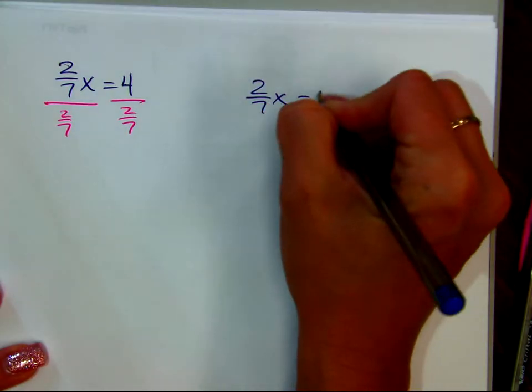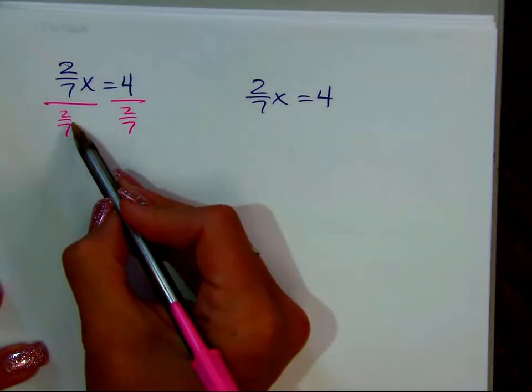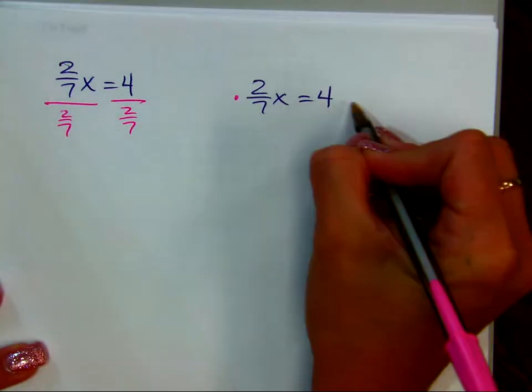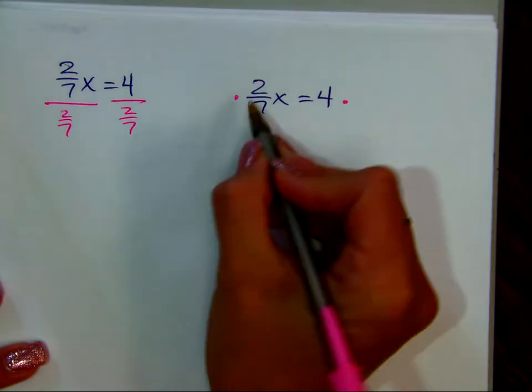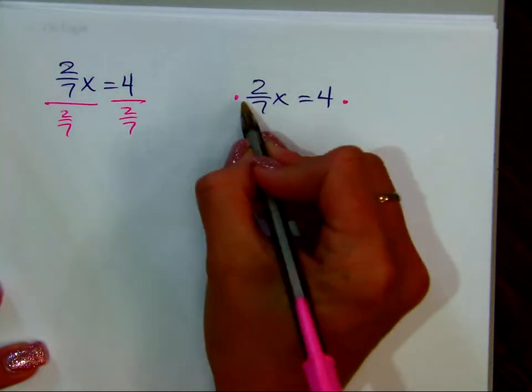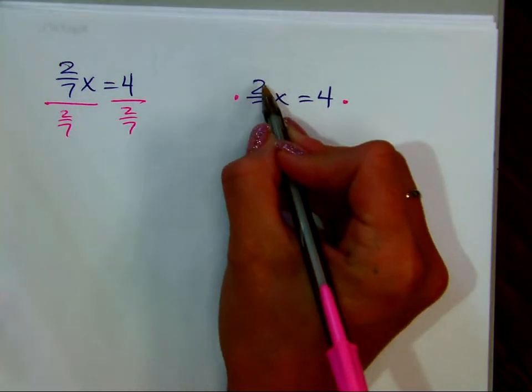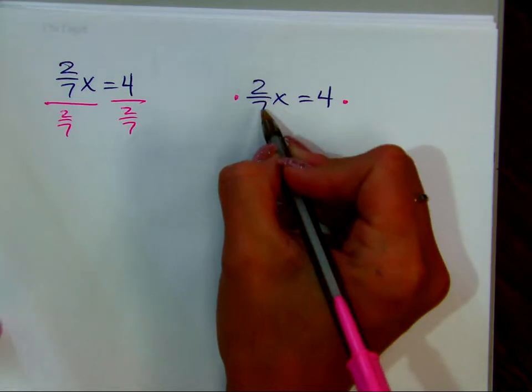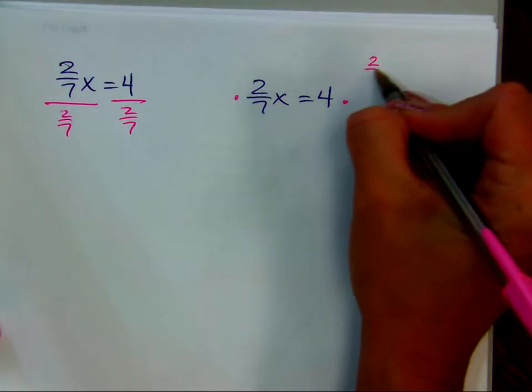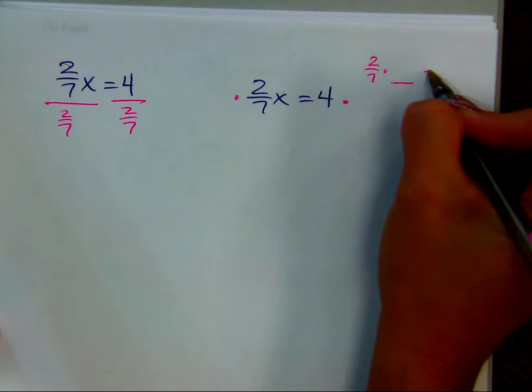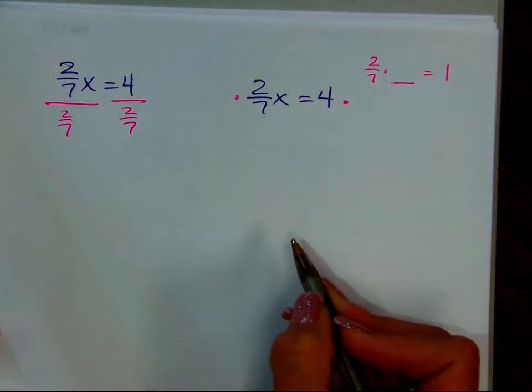But when you go to divide by 2/7, that might look a little crazy. So we know from 6th grade that instead of dividing, we could multiply by the reciprocal. So if I have a coefficient that's a fraction, I'm not going to choose to divide by it. I'm going to choose to multiply by the reciprocal.